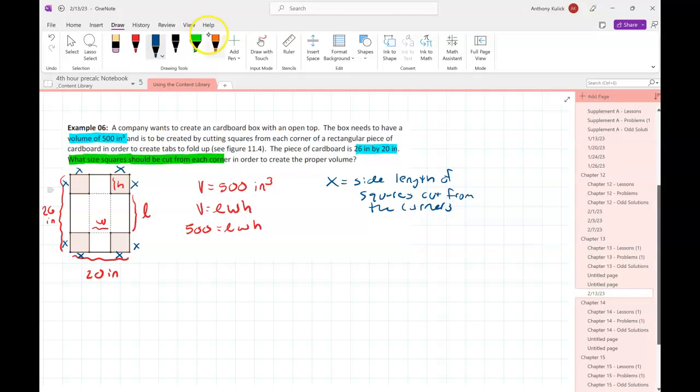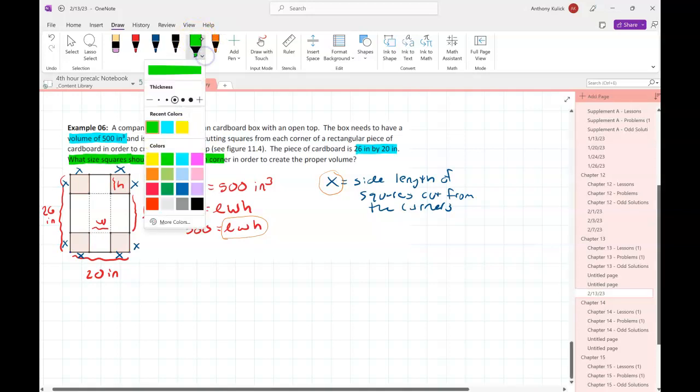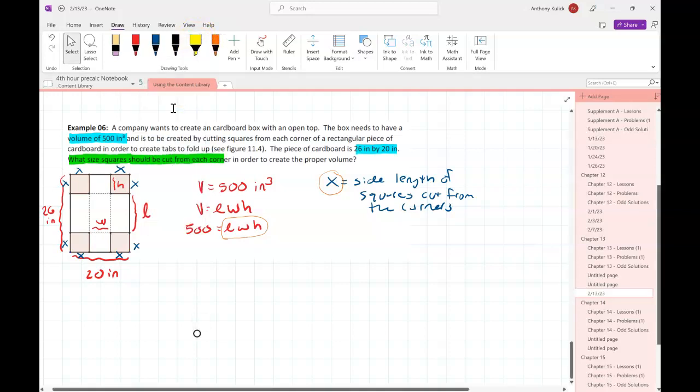Okay. Now the tricky part. I need to figure out a way to rewrite length times width times height in terms of x's. So what I want to do is write an equation that relates L and x together. Like that equation.